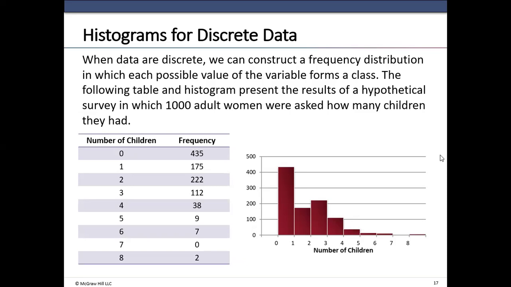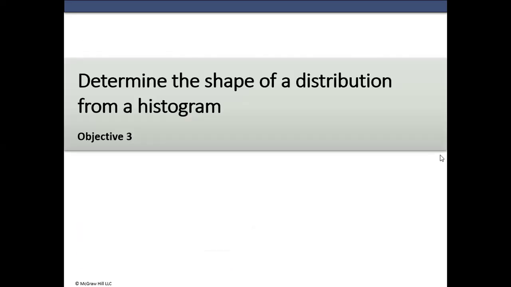So 0 is the midpoint on the horizontal axis of the first bar with a height of 435 because the count is 435 in that class. Then 1 is the midpoint of the second bar, and its height is 175 as shown in the table, and so forth.